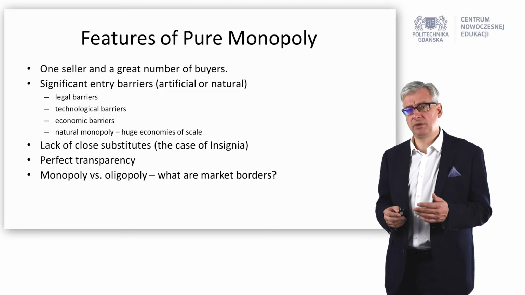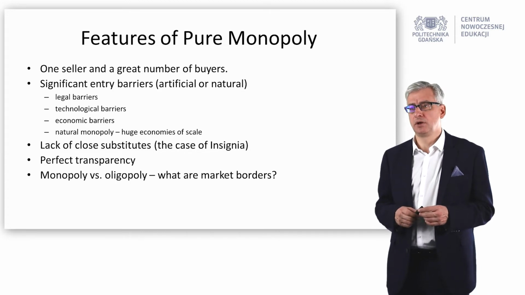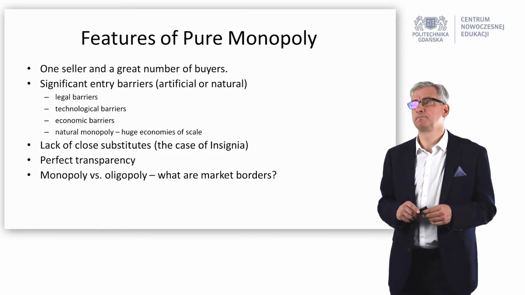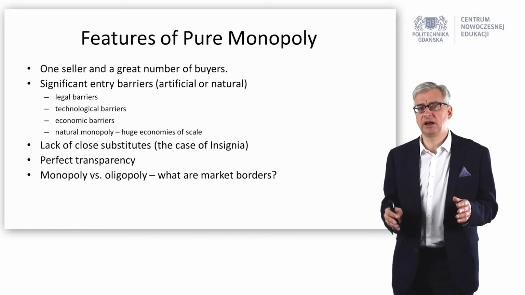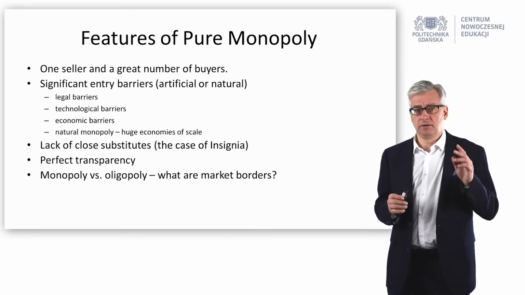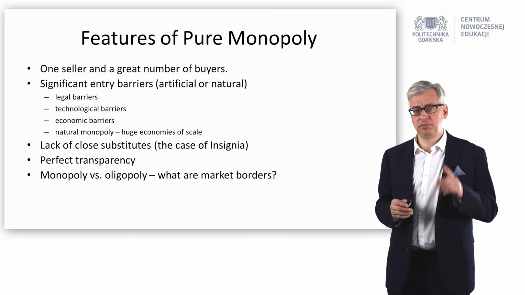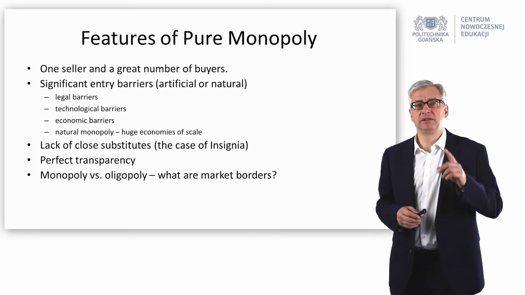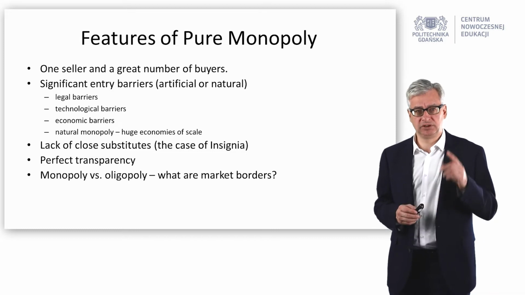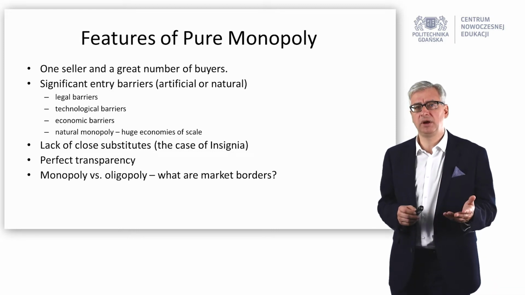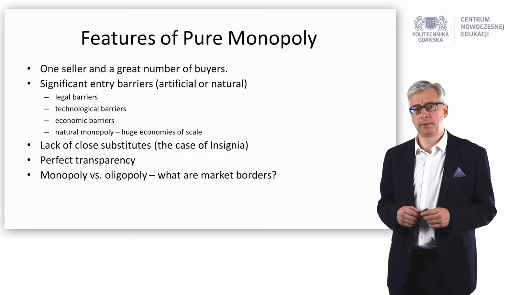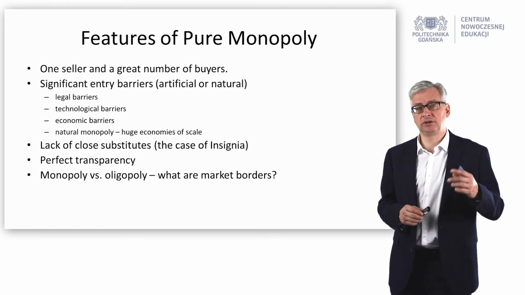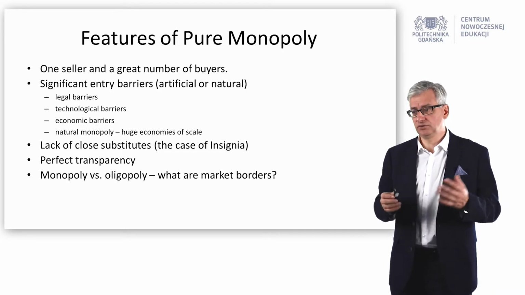If you look at the central bank of your country, you will see that in the law of your country, there is a certain legal act that says money can only be produced and supplied to the money market by the central bank. This is the only institution that can issue money, that can produce money. And if you try to produce your own money, then actually you commit a crime. So this is a legal barrier.